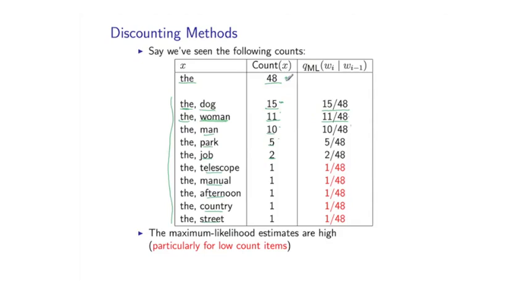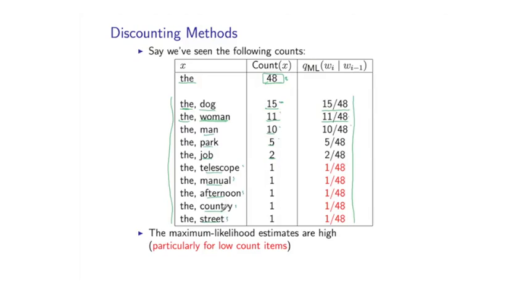Now, one thing to observe here is that, in general, these estimates are going to be systematically high, particularly in cases where we have a large vocabulary. Remember, we might have a few thousand or tens of thousands of possible words following the word "the", but we've only seen the word "the" 48 times, and so it's just a lucky few words which are actually seen after the word "the".